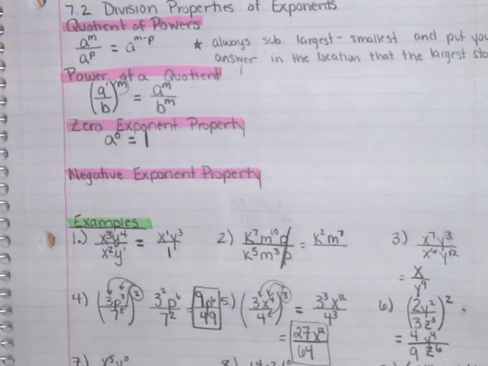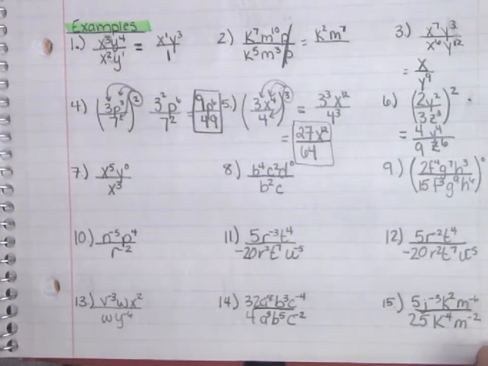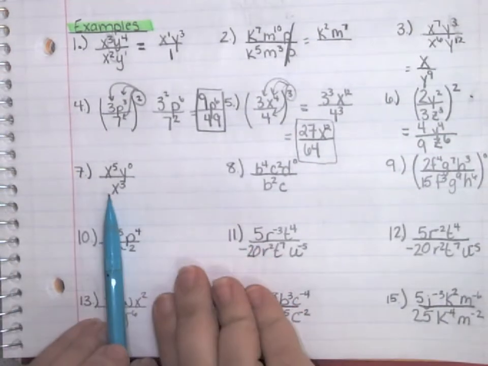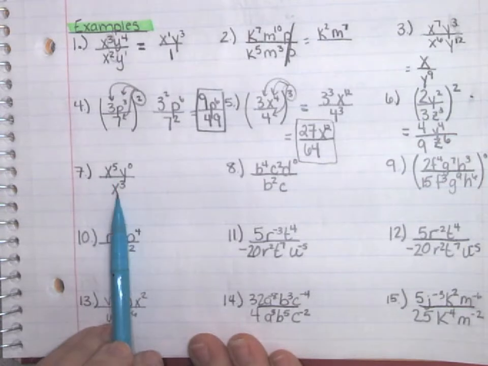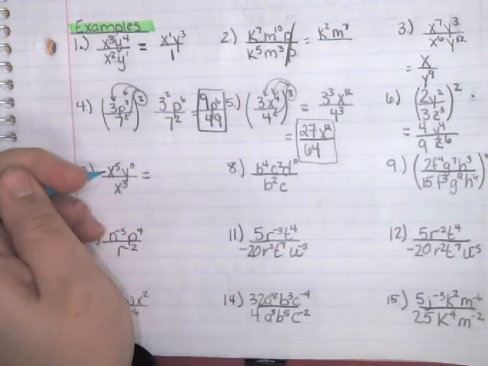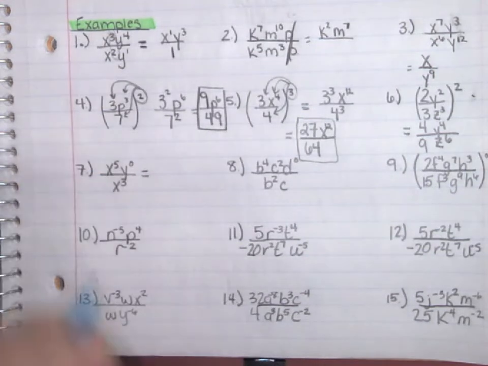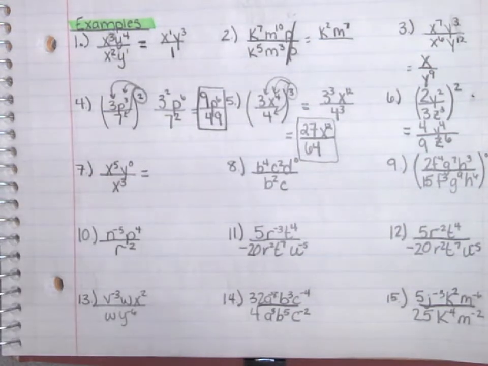It's really that easy. So we come down here to number 7. You look at this and go, I got x's and I got some y. So the x's we treat by going, this says division. When we divide numbers, we subtract their exponents. I have 5 x's and 3 x's.